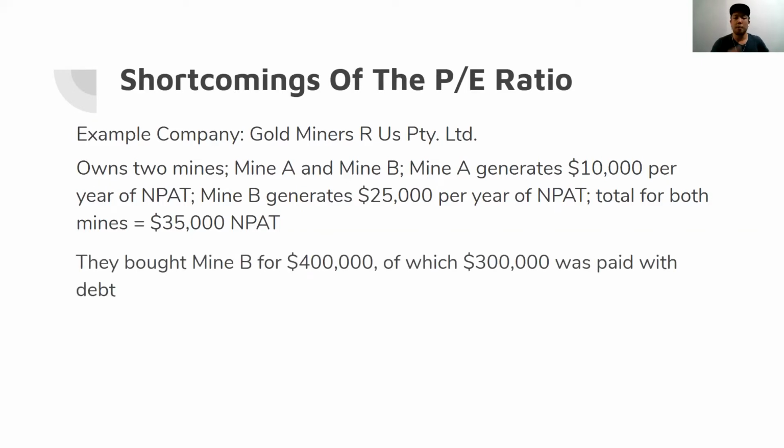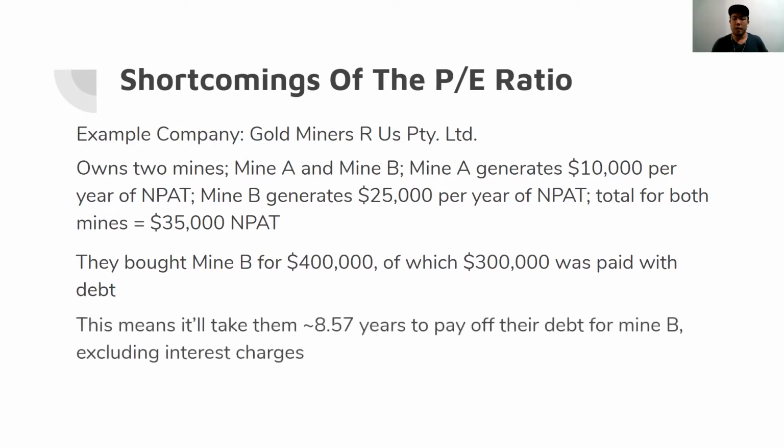However, this company bought Mine B for $400,000, and they actually borrowed $300,000 of that, so that acquisition was funded with debt. Based on their current earnings of $35,000 a year, it'll take them 8.5 years to pay off all of the debt for Mine B, and that excludes any interest charges, so that's only the principal amount.